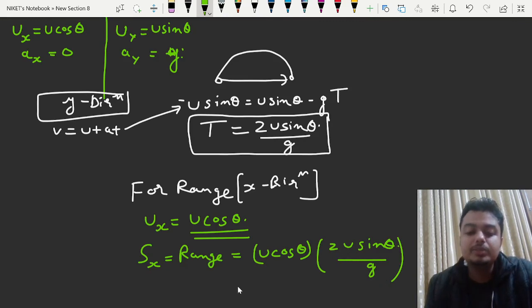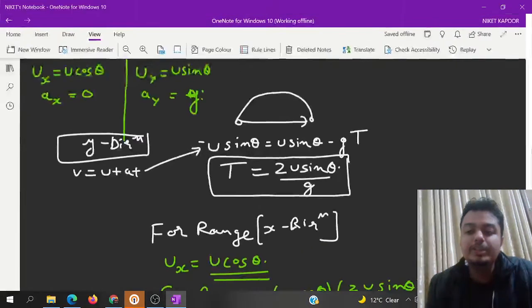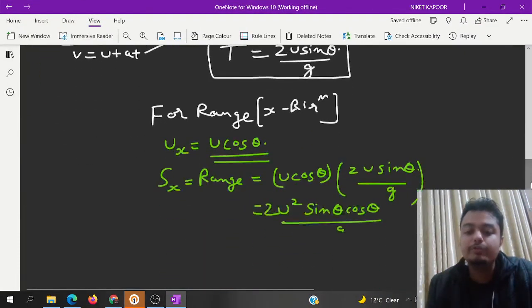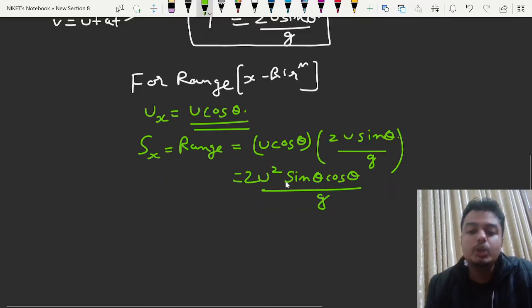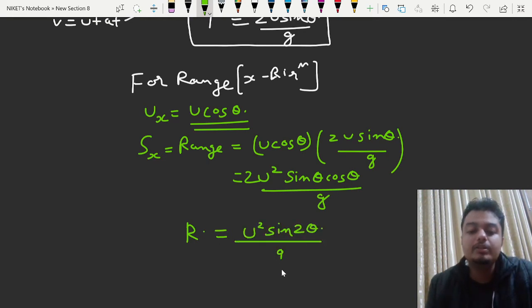Alright, so this becomes 2u square sin theta cos theta by g. Now everybody should know, because you are a student of physics, that 2 sin theta cos theta is sin 2 theta. So what is the formula of range? Now it is looking somewhat arranged and beautiful: u square sin 2 theta by g.